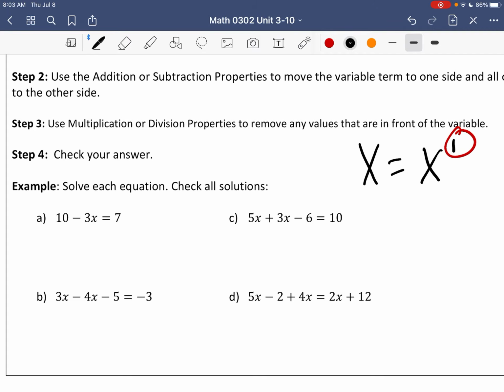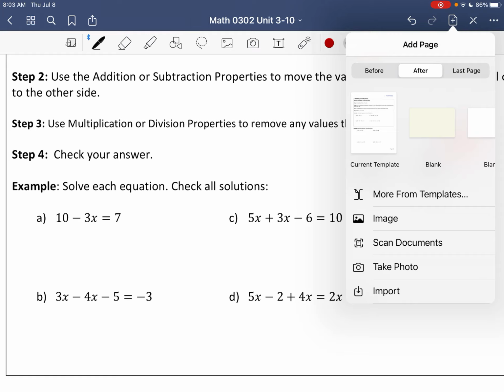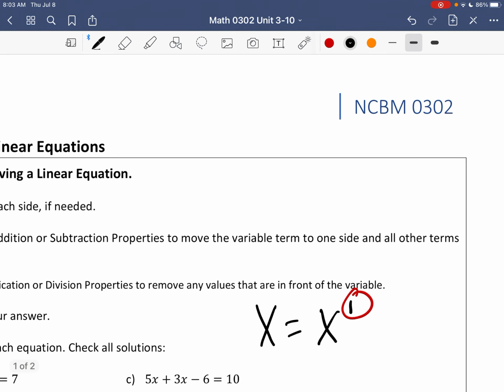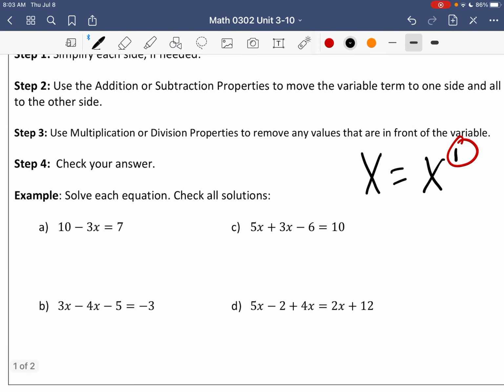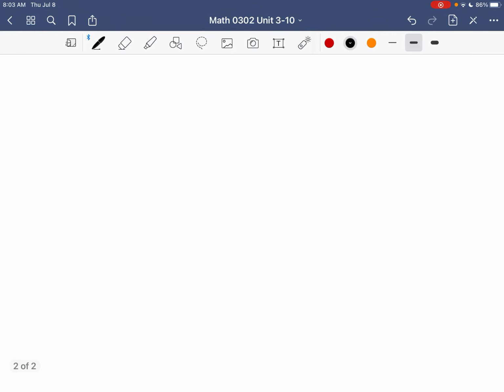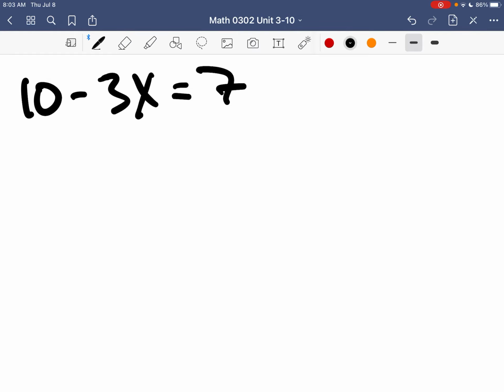Let's take a look at Part A. The equation is 10 minus 3x equals 7.